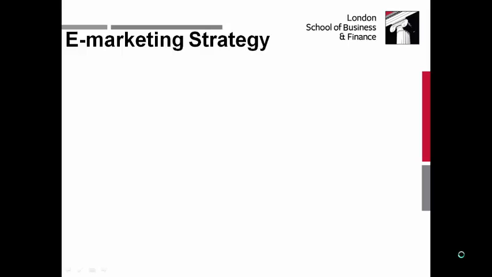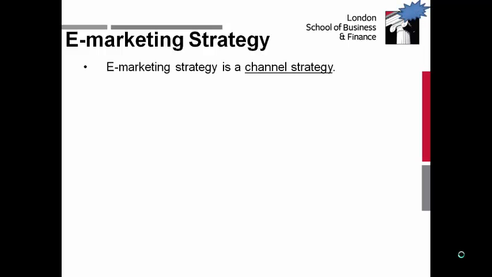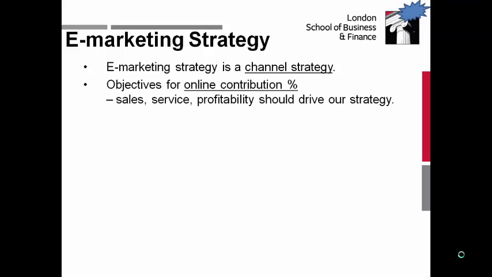So the e-marketing strategy, which overall needs to be looked after and categorized as the channel strategy, is connecting the corporate strategy of the organization with the base marketing strategy, with the objective of online contribution, which can be one key performance indicator: how you are able to drive the customer towards your face of the organization, which is the website, and how easily and conveniently customers are able to navigate around it, which results in the achievement of the objective in the form of profitability of the organization.